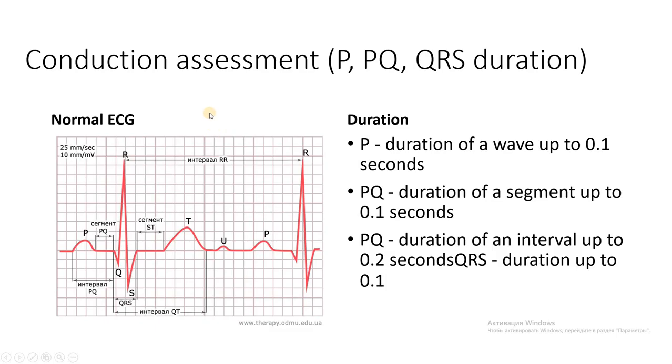Next one, conduction assessment. We have to pay attention to the duration of the P wave, PQ interval, and QRS duration. The P wave, from the beginning until the end, is the duration of the P wave. P wave duration may be up to 0.1 second.